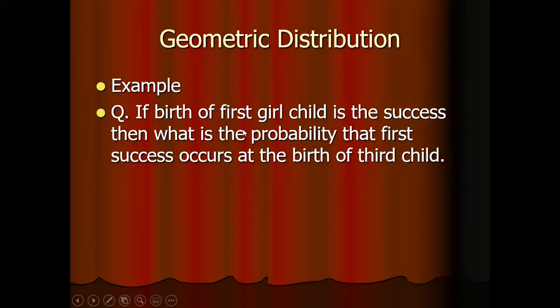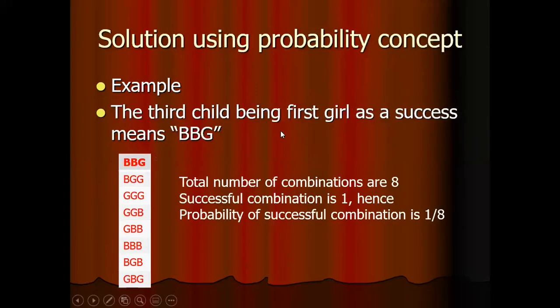If birth of first girl child is the success, then what is the probability that first success occurs at the birth of third child? So birth of first girl child after two births, that is during the third birth. So what is the probability there?